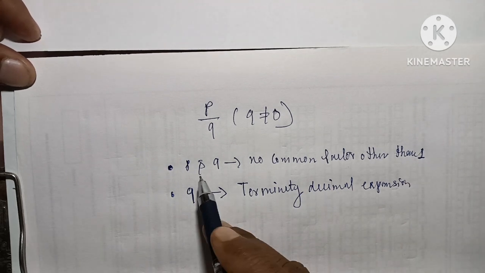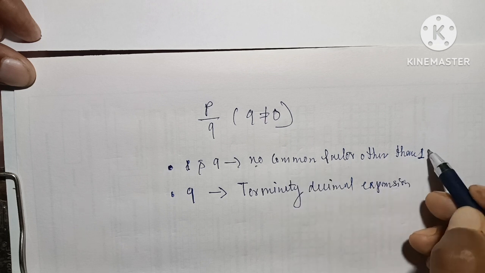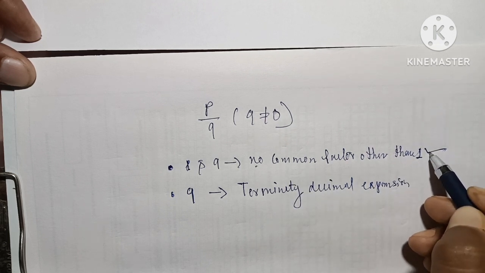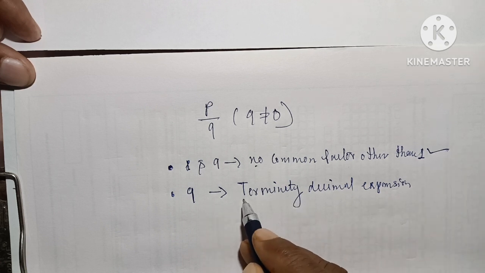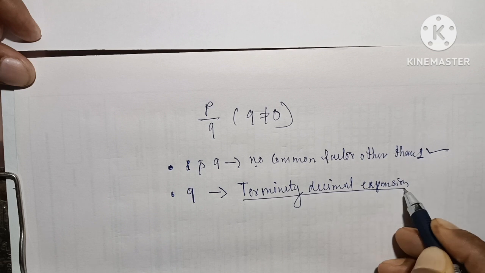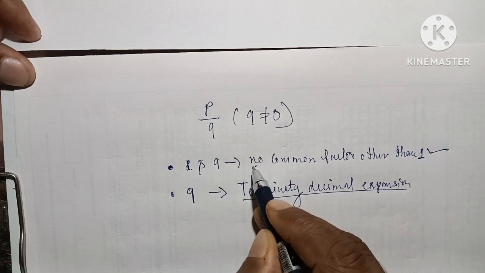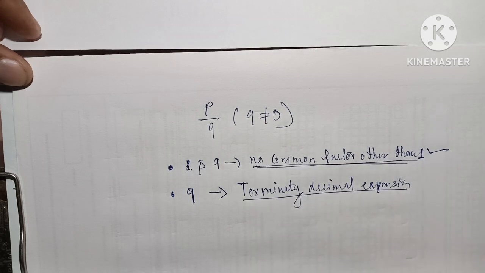There are two points. p and q have no common factor other than 1, because they have only the common factor 1, not other common factors. Then q must satisfy so that the decimal expansion is terminating, and the common factor of p and q must be 1, no other common factor.